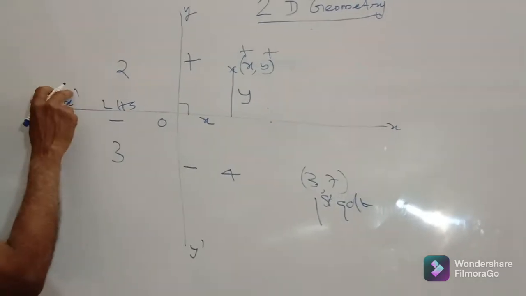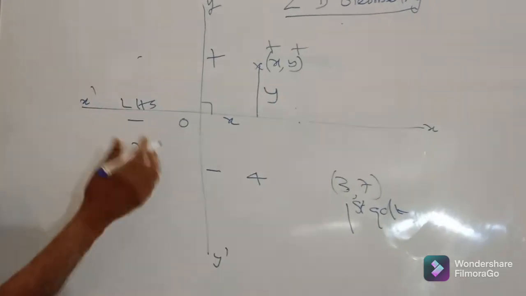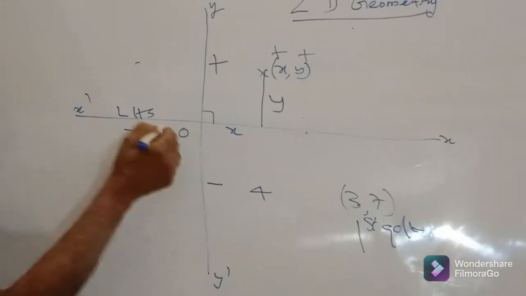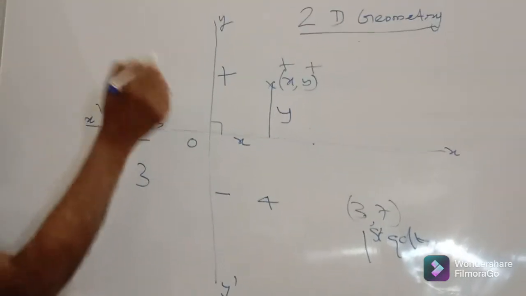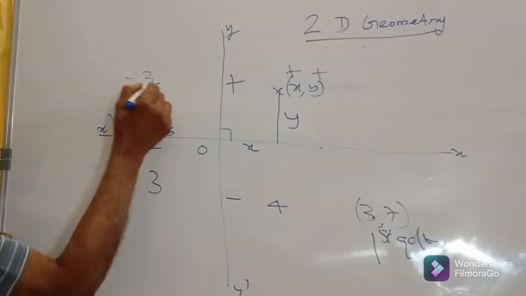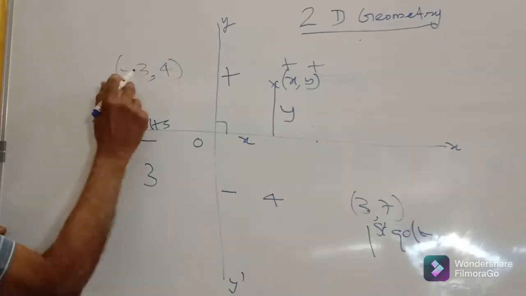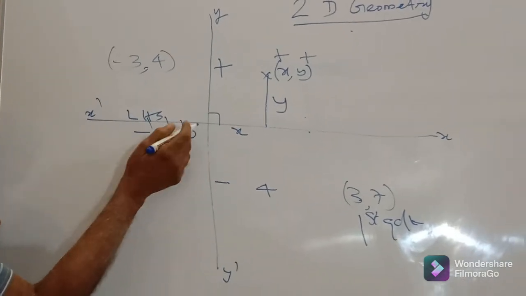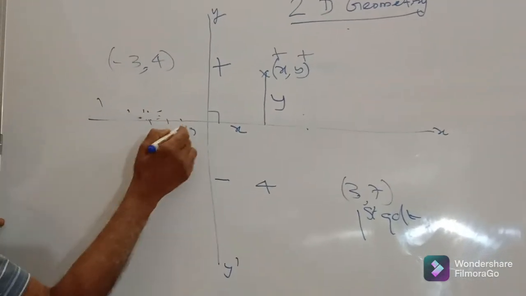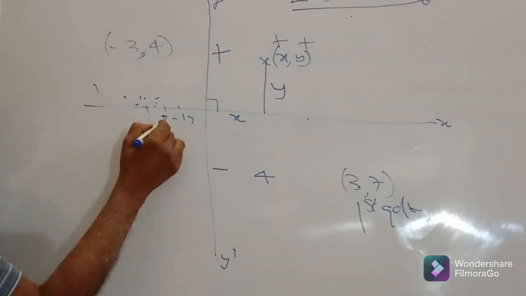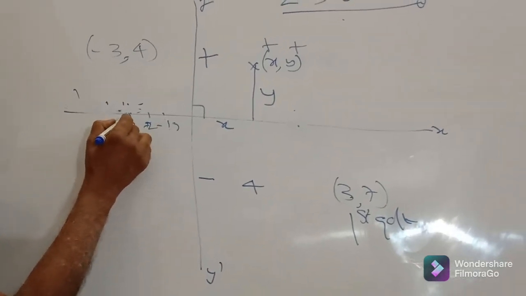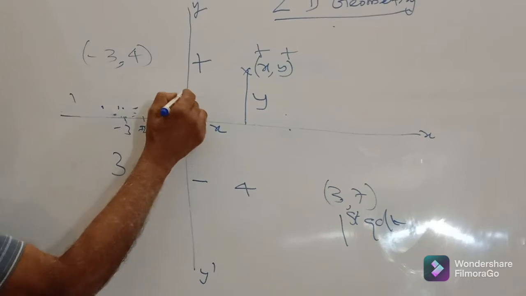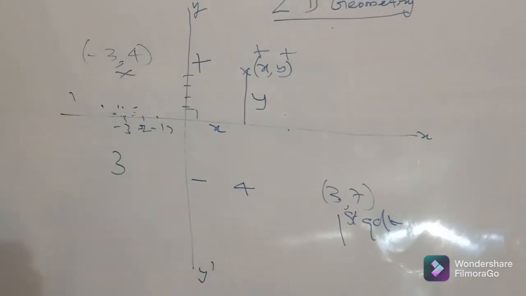Now we move to the second quadrant. In the second quadrant, x is negative, y is positive. So x is negative, minus 3, 4. Such a point will come here. Here we take 3 units on the left. 1, minus 2, minus 3, and 4 units up, giving you the point.